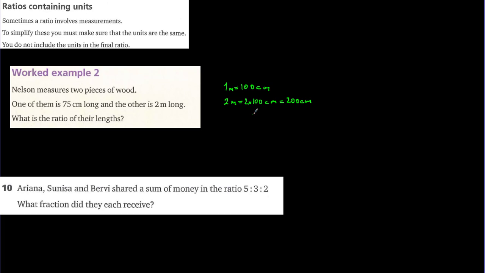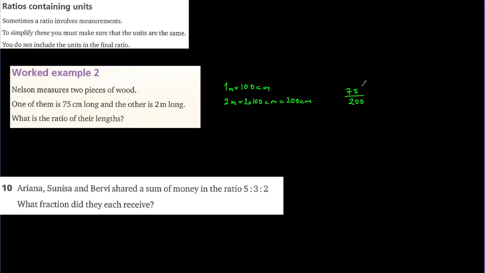So the ratio of smaller to longer; it's not mentioned here which one we are applying, so I'm going to write the smaller one first. 75 divided by 200 is the ratio of their lengths.